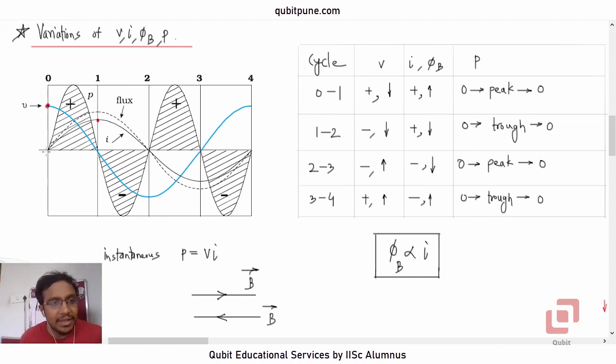The instantaneous power at the beginning of this cycle will be 0 because current is 0. It will peak here and again it will go to 0 at the end of this quarter of the cycle. And what is the reason here that it is 0? It is 0 not because current is 0, but because voltage is 0. So we have now covered this part of the power cycle. Have you understood this?